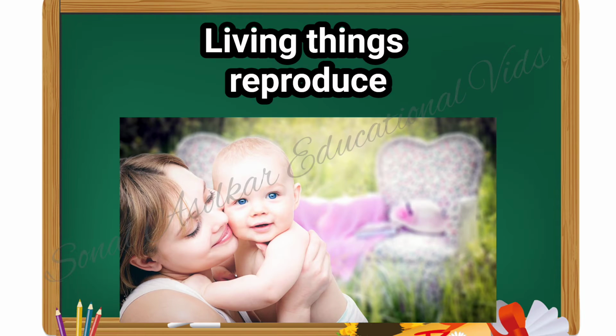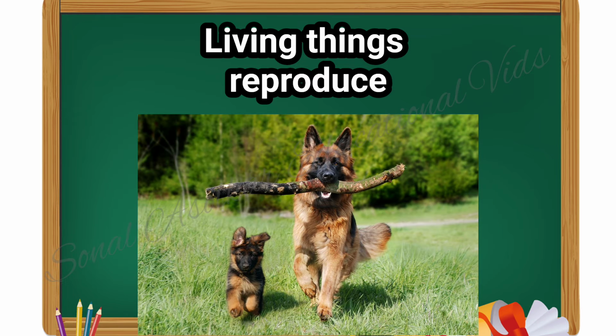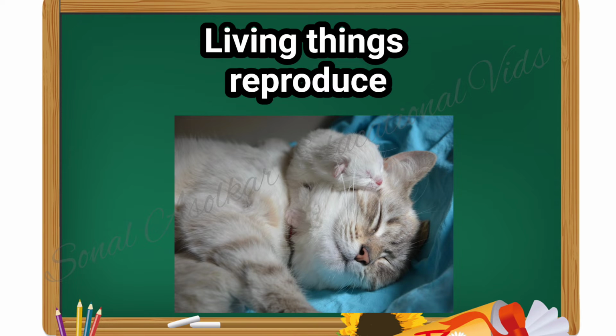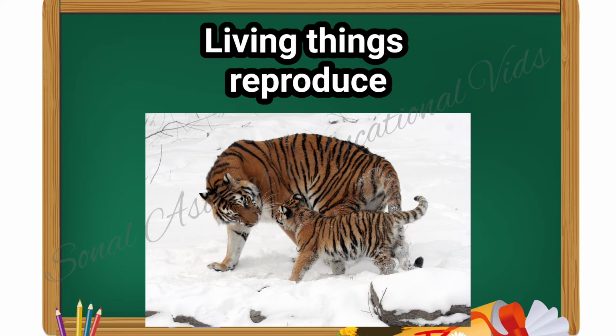Now next we will know about how living things reproduce. The process by which living things resembling their parents are produced is called reproduction. Human beings and many animals like dogs, cats, and tigers give birth to babies. Such animals are called mammals.